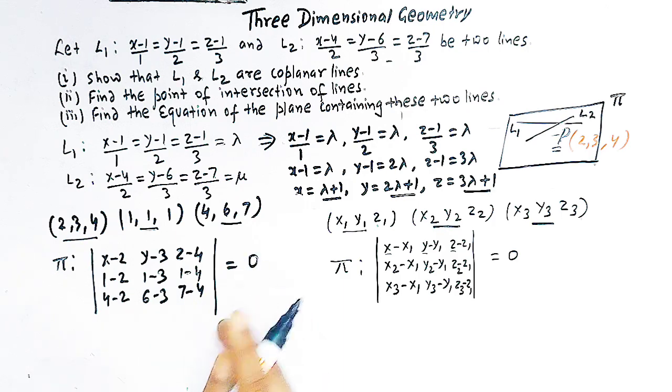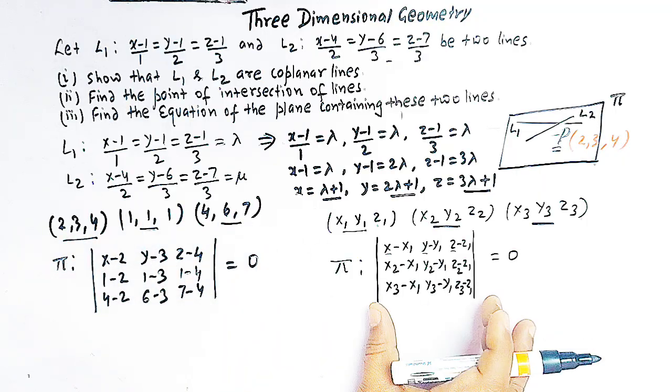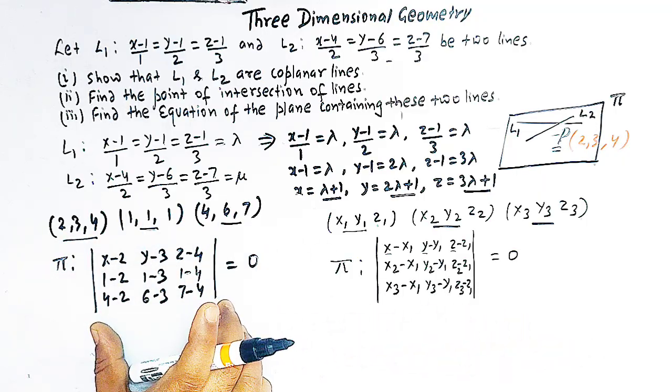And this is equal to 0. So substituting these values in the determinant, we now have this equation.